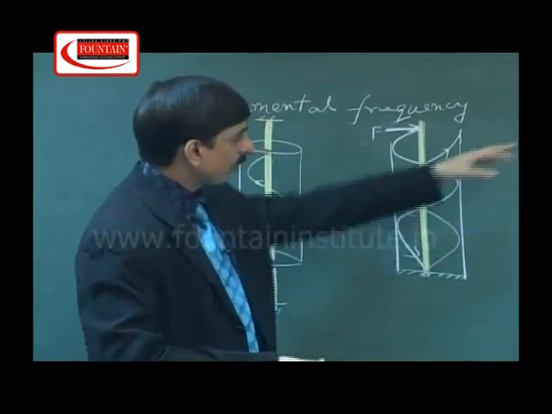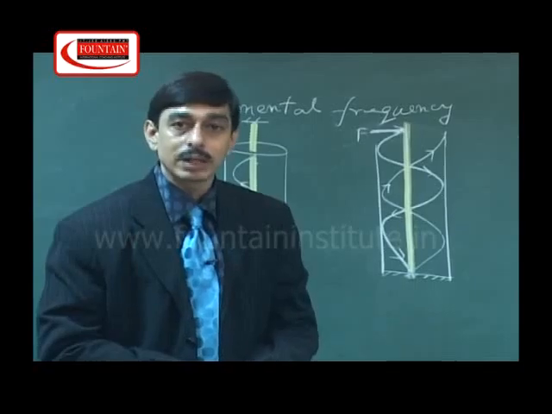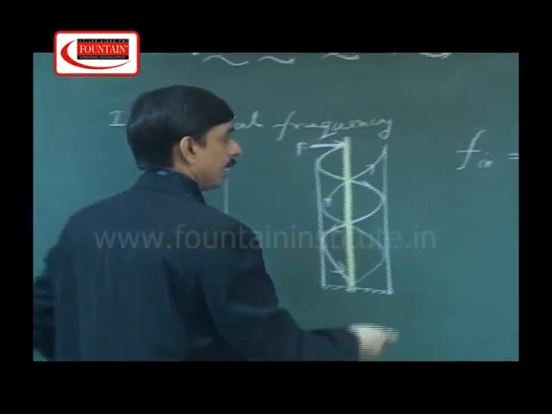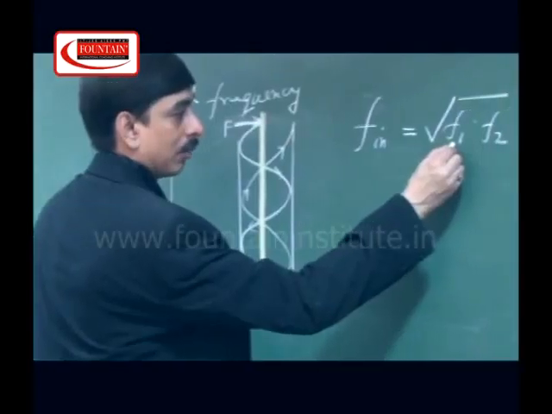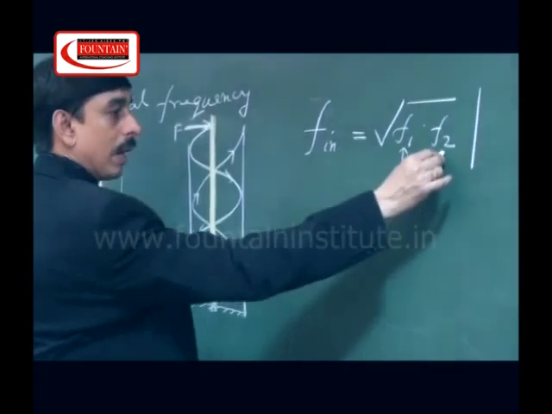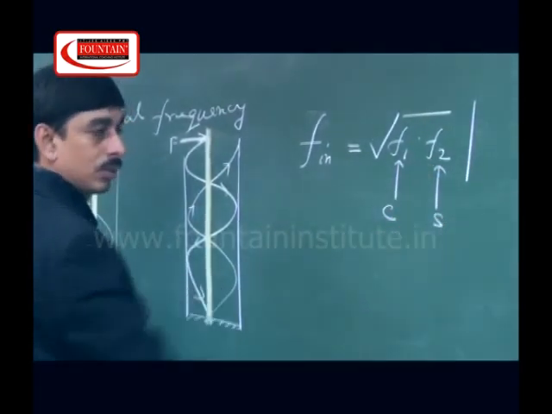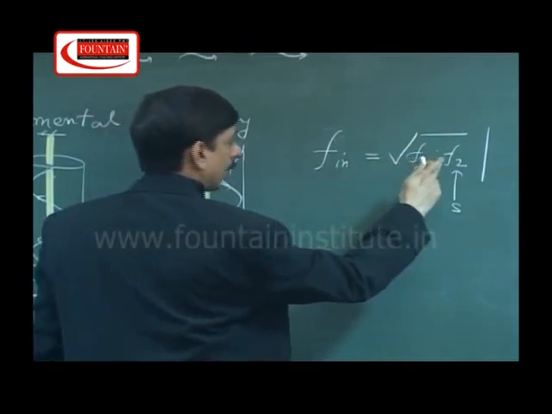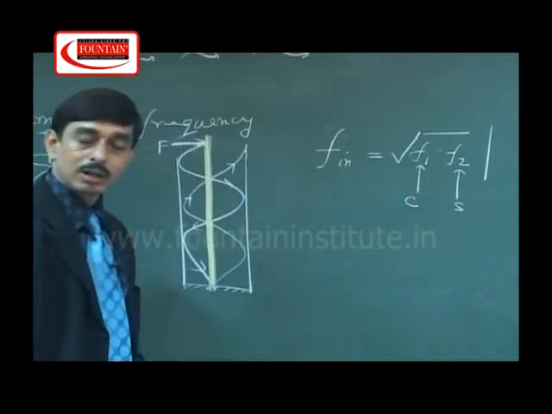In both cases, we follow the geometrical mean of the frequencies to understand the modulations. If the frequency of the closed organ pipe is F1 and the frequency of the string is F2, the instrumental frequency will be the geometrical mean of these two, under root of F1 into F2.